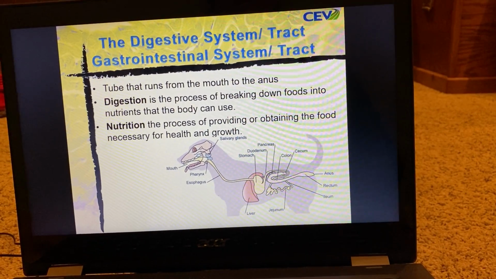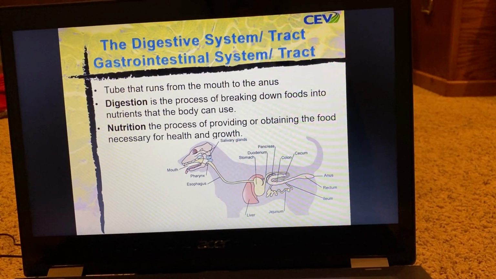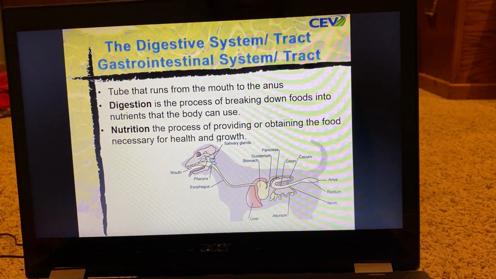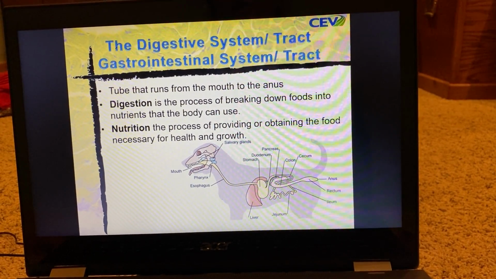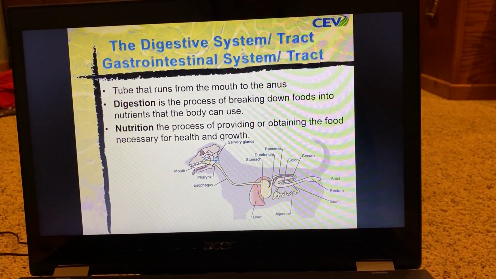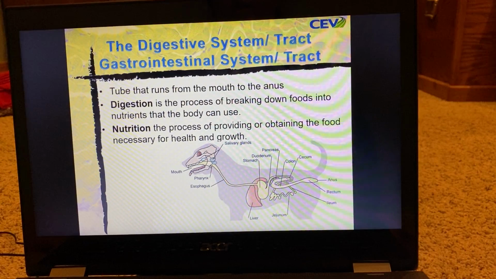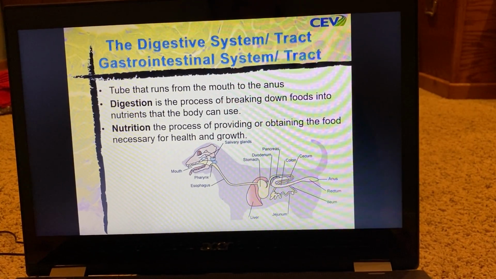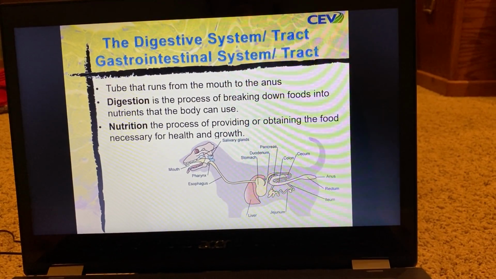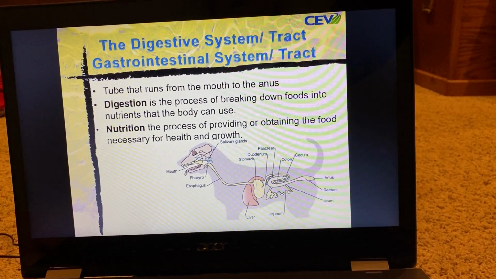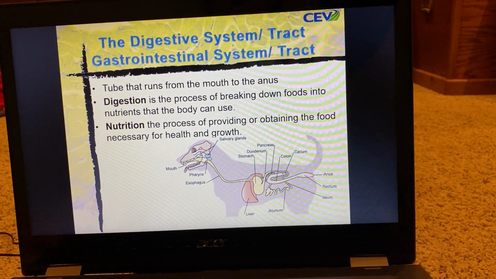If you wanted to use some vocabulary that goes hand in hand with this, one would be digestion. So digesting is us being able to break down foods, and we do that in a variety of ways. And the reason that we want to break down food is so we can make it into nutrients that the body can use.